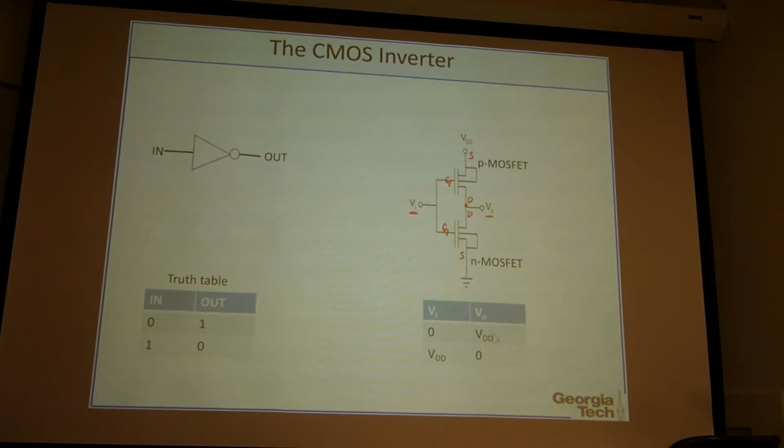So use VDD as the logic level 1 and the ground 0 as logic 0. So any questions? Alright, so this is a building block for your digital circuit. Just invert the signal. And we are going to discuss in detail how this CMOS inverter works.